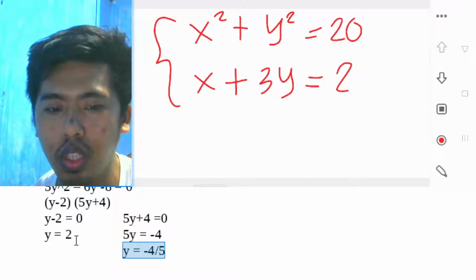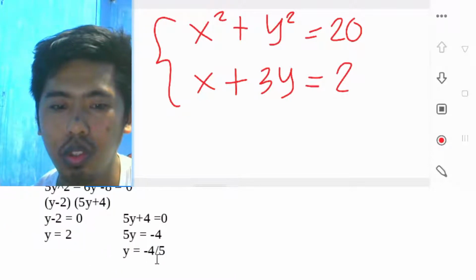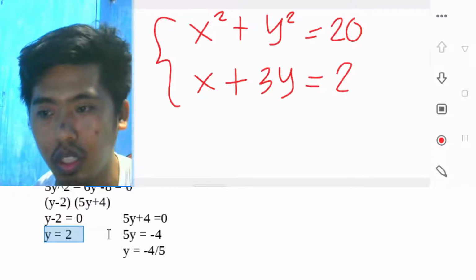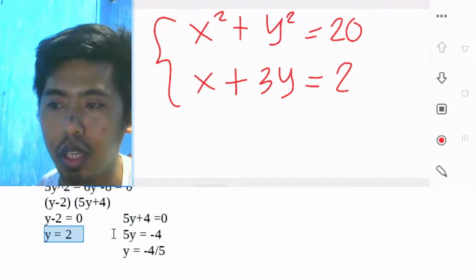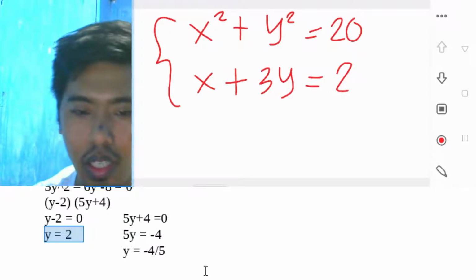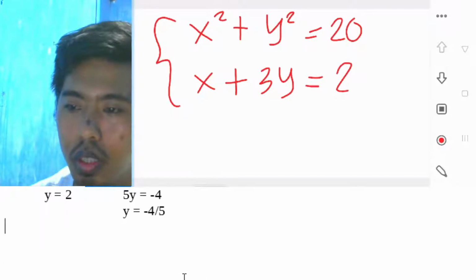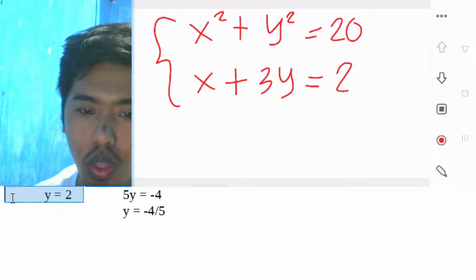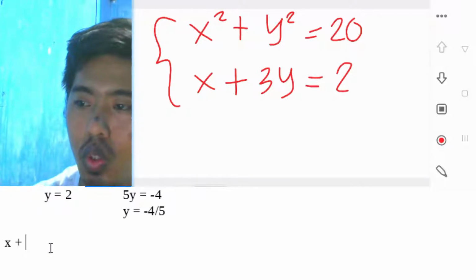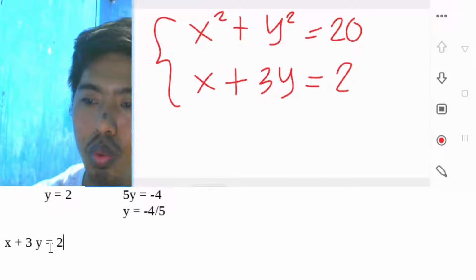Now we're going to use these values by substituting into the original equations. Just look for the equation that's easiest, which is the second one. Let's start with y equal to 2. Okay, x plus 3y equal to 2.